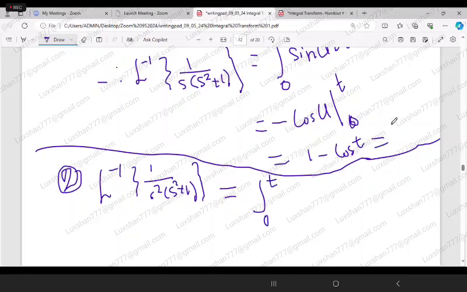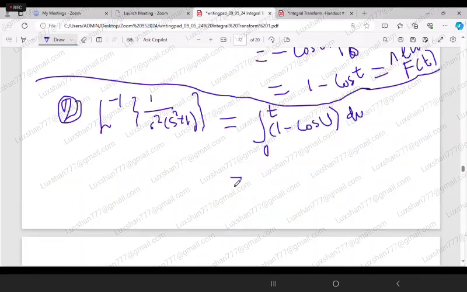Now this is the f(t), this is our new f(t). So you have to change everything by u. So that is 1 minus cos u.